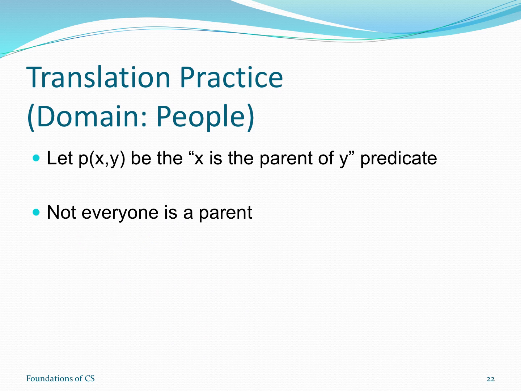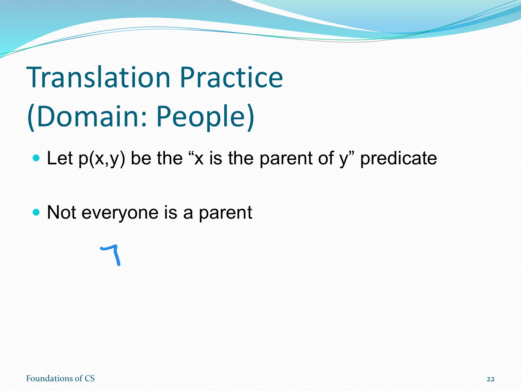All right, let's look at this one. It still says my domain is people. So the only things that are going to be parameters to my predicate are people. So how do we say that not everyone is a parent? Well, there are two ways we could do it, and it's back to that De Morgan's law thing.